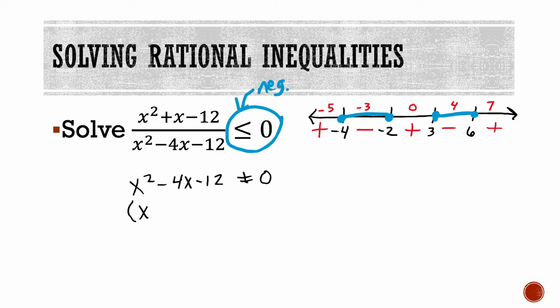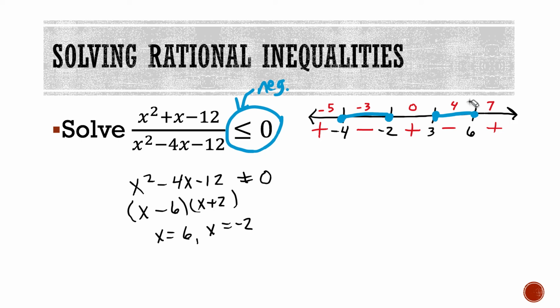Okay, so remember, I'm going to refactor this just for a second. You would have it in your notes. Remember that the zeros that came out of this were x is equal to 6 and x is equal to -2. So if I were to take a 6 and plug it into the denominator of that fraction, the bottom part of the fraction would turn into 0 and I would have a problem.